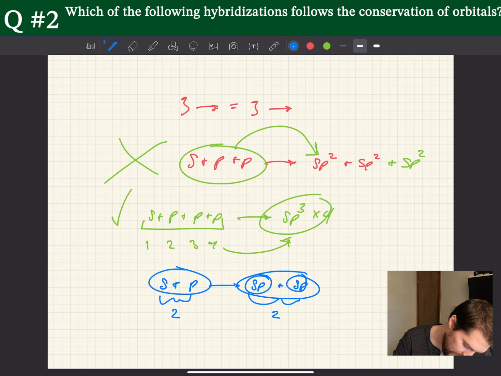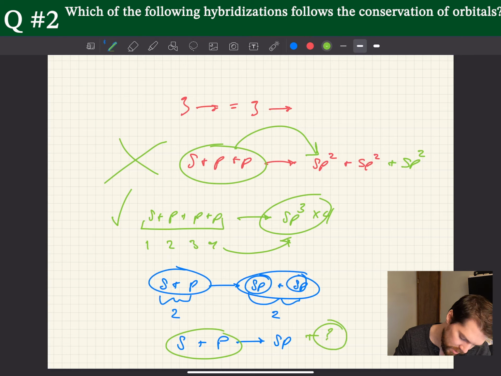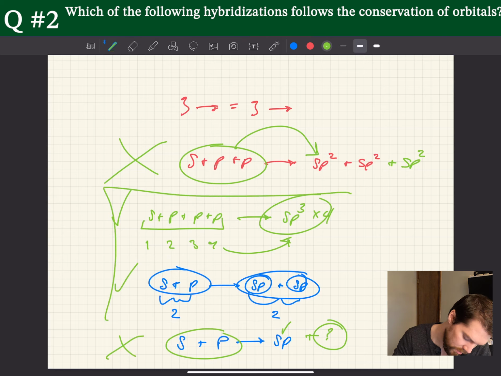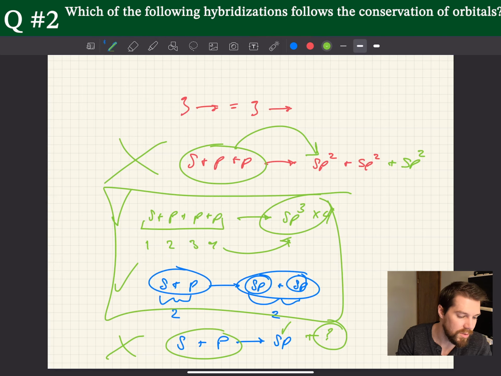And the last one, s plus p yields sp. We know this is incorrect because we can't combine two orbitals and only get one. We need another one over here. So although the name is correct, it does not conserve orbitals. So these two are the correct answers for number 2.